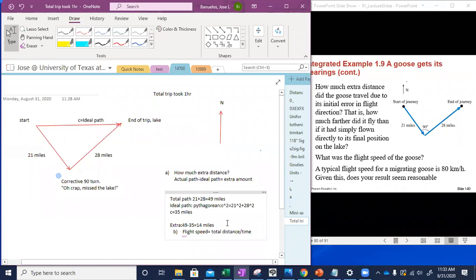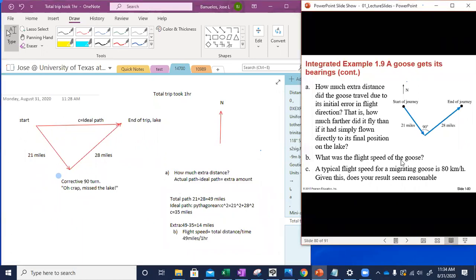At the very top, it says the total trip took 1 hour. So the flight speed is just the total distance of 49 miles divided by an hour. So 49 miles an hour is the speed of this goose. If you convert 49 miles an hour to kilometers per hour, it's about 80.